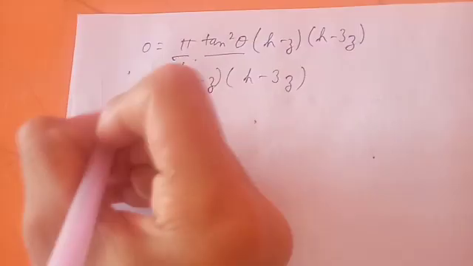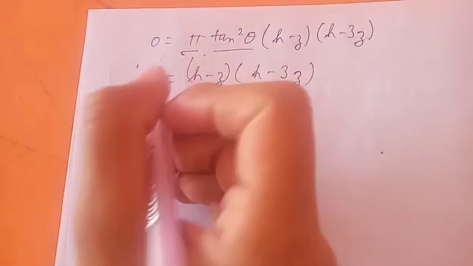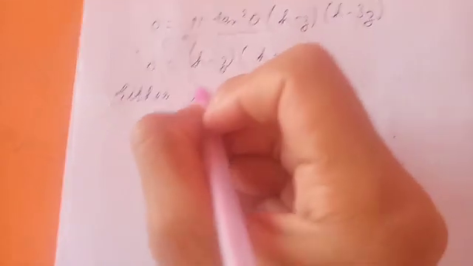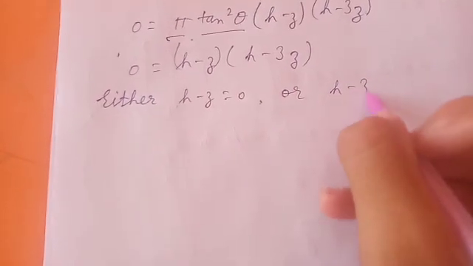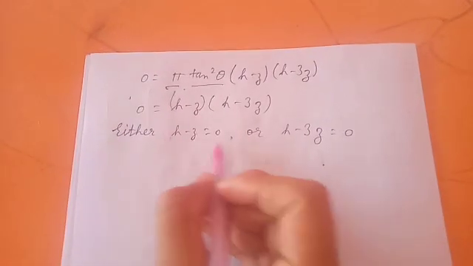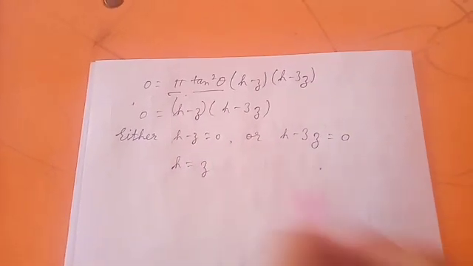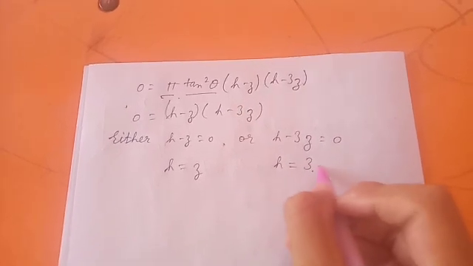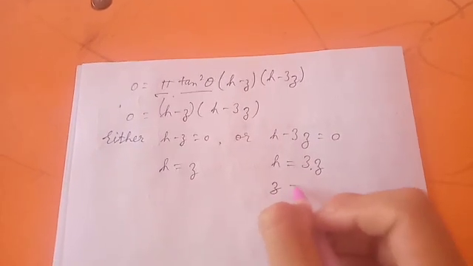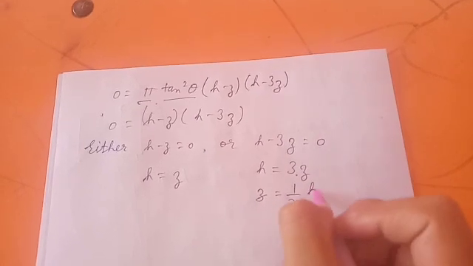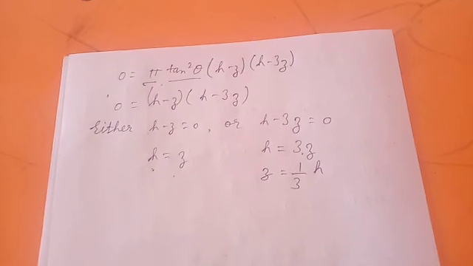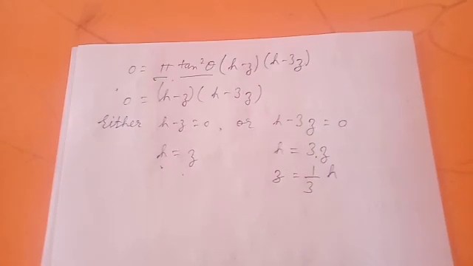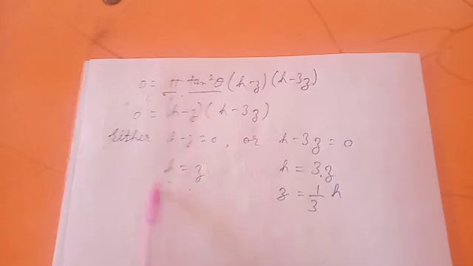Now either h minus z is equal to 0 or h minus 3z is equal to 0. So from here we get h is equal to z, and from here we get h is equal to 3z, means z is equal to 1 by 3 h. Here h is height of cone and z is height of cylinder, but height of cylinder cannot be equal to height of cone.